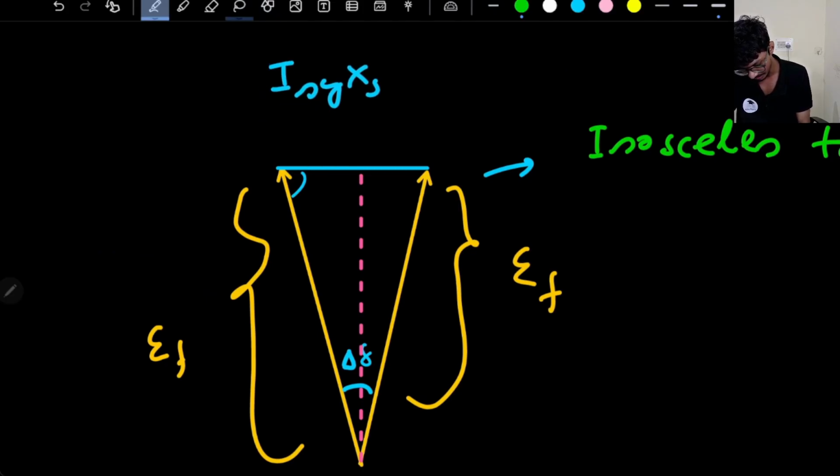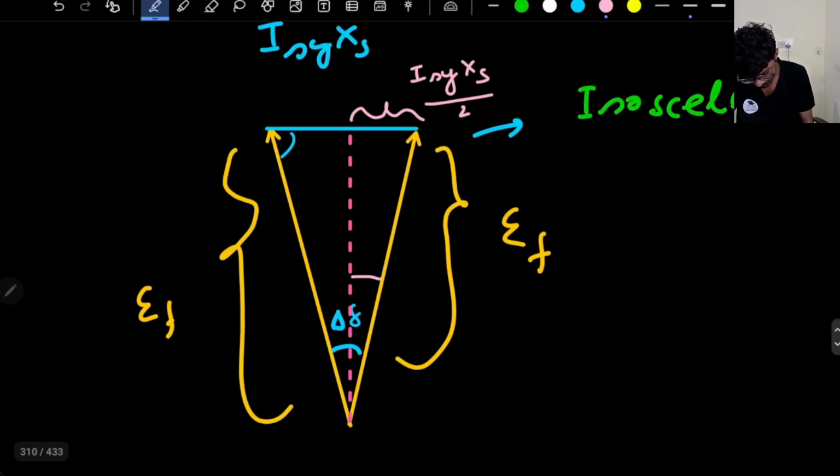It will be just half the length. And what will be this angle? It is a perpendicular bisector, right, so this will be delta by 2.